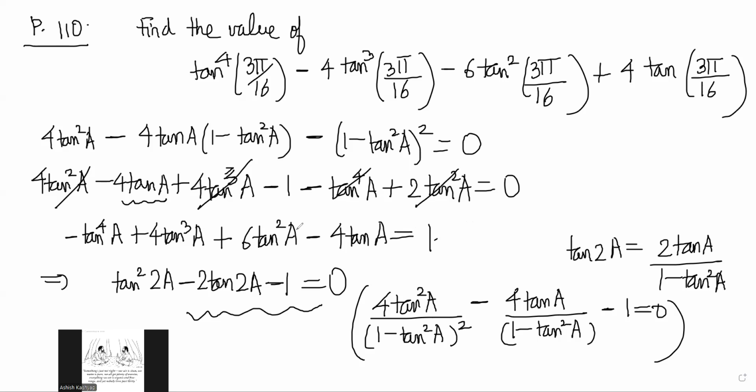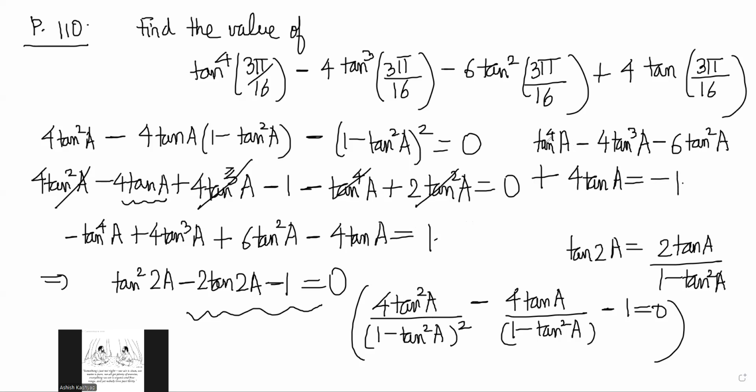And now multiplying the whole thing with minus 1, you get tan power 4A minus 4 tan cube A minus 6 tan square A plus 4 tan A is equal to minus 1.